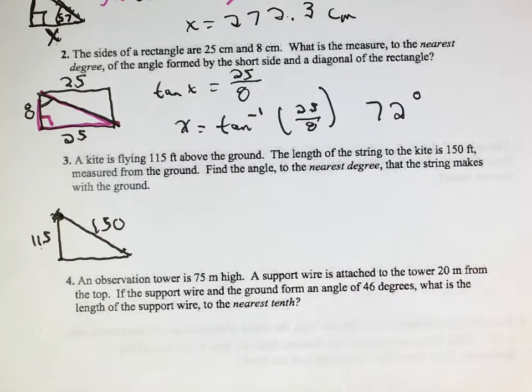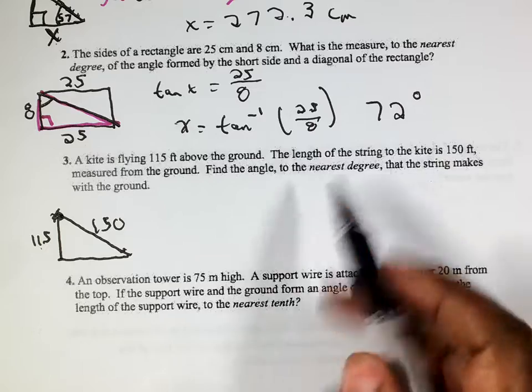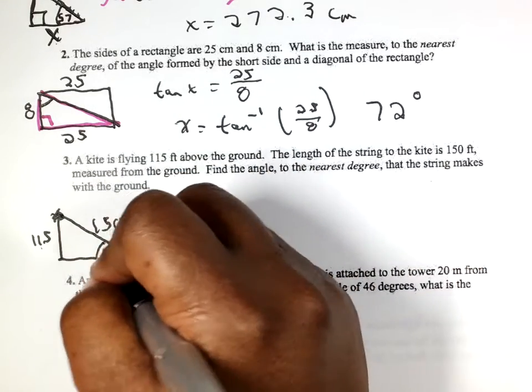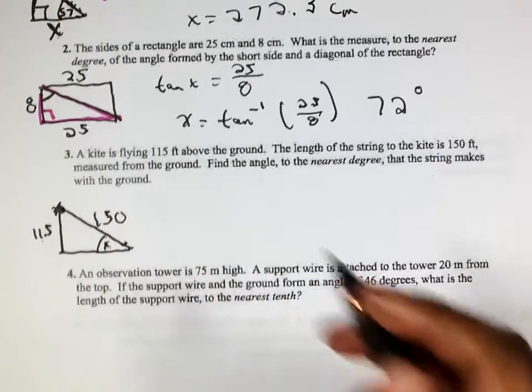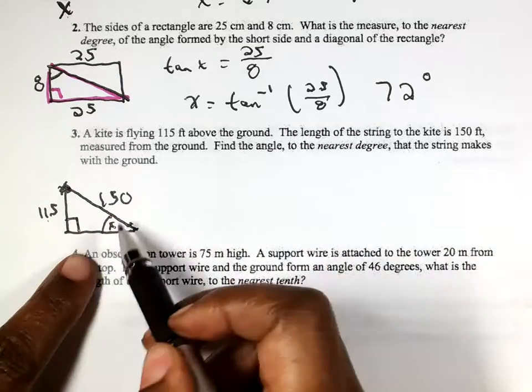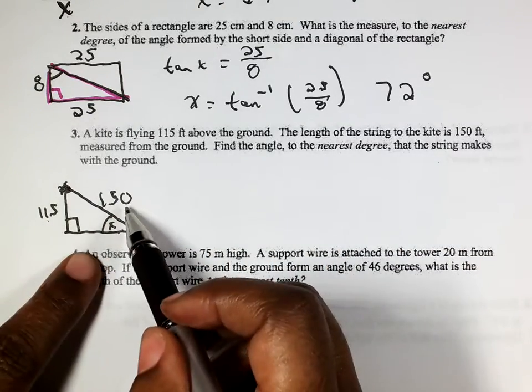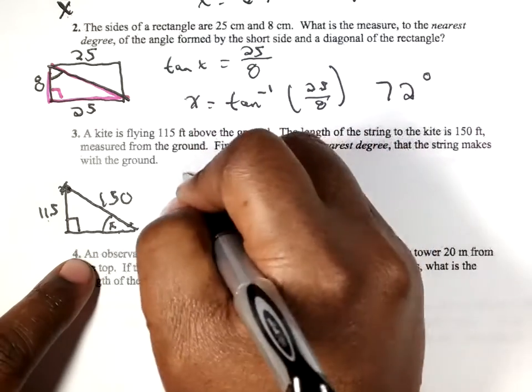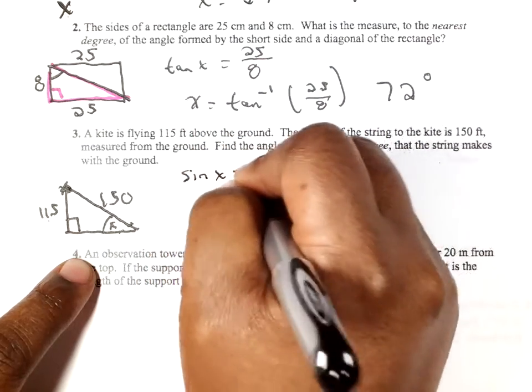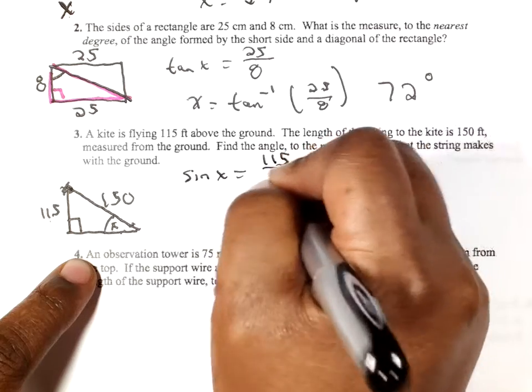And what we want to know is the angle the string makes with the ground. So this angle is what we're interested in. So I'm looking at this angle. I know what the opposite side is, and I know what the hypotenuse. So therefore we're using the sine function, which is opposite over hypotenuse.